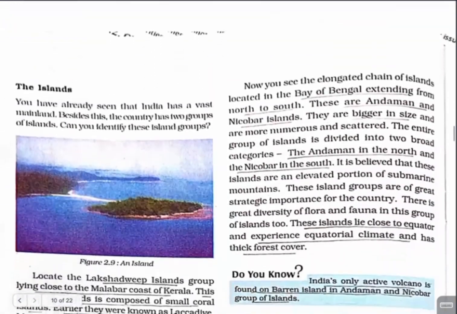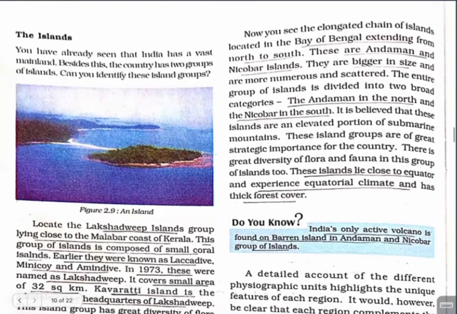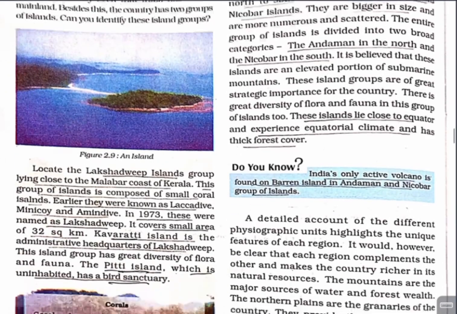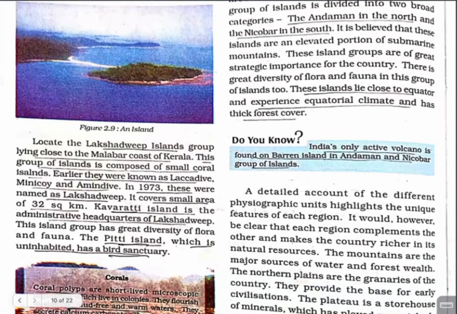Now we'll talk about the islands. There are two island groups near India. The Lakshadweep island group lies close to the Malabar coast of Kerala. It is composed of small coral islands, earlier called Laccadive, Minicoy and Amindivi. In 1973, they were named Lakshadweep.